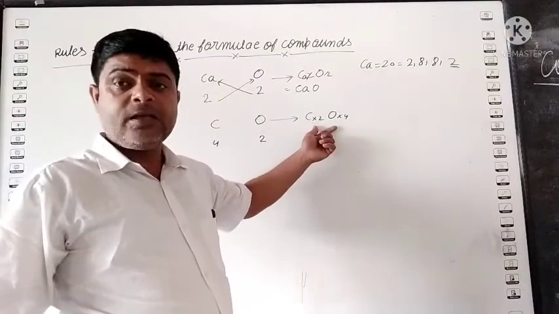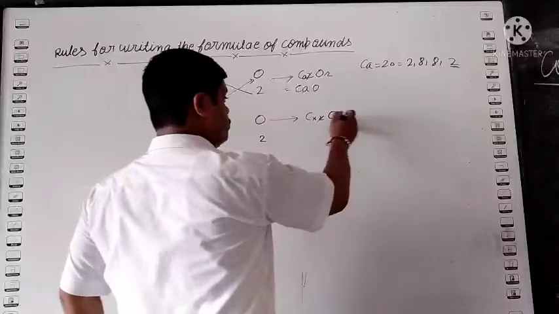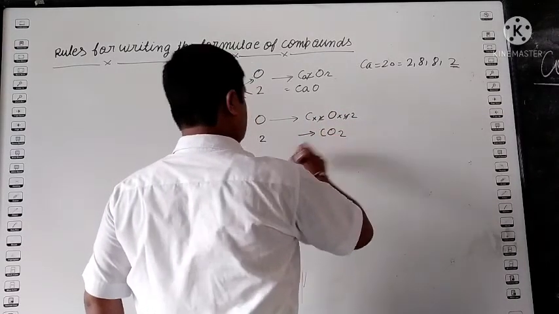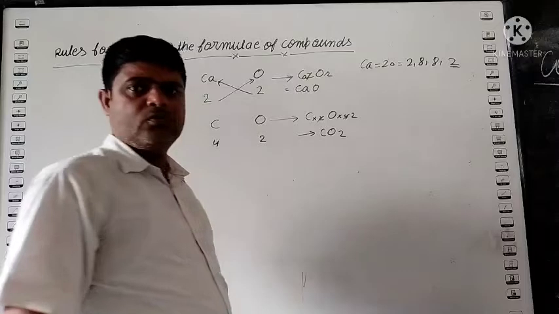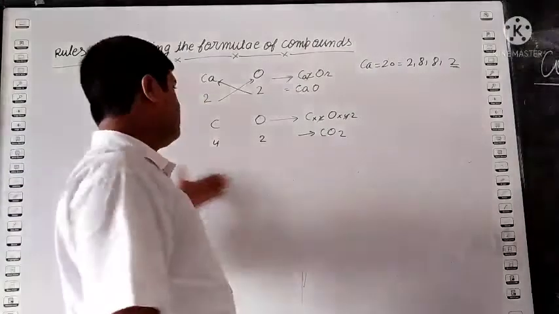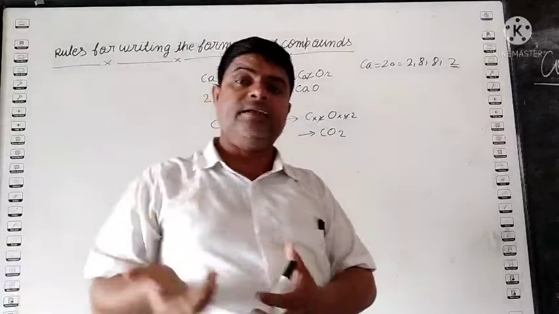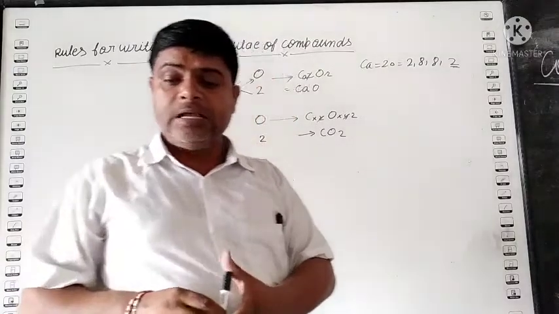It is divisible by 2, 2 to the 4. So the formula is CO2. Clear? So students, with the help of such a technique, we are easily able to write the formula of any compound.